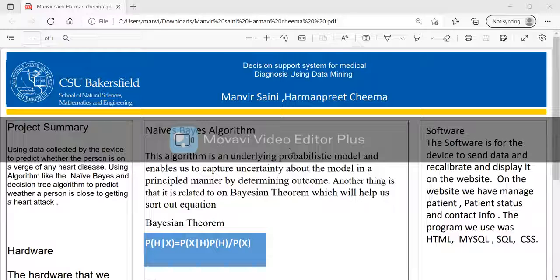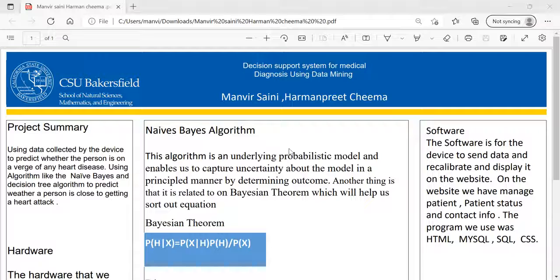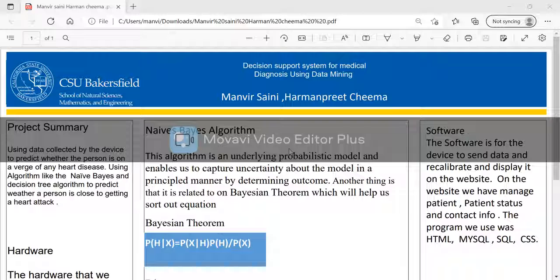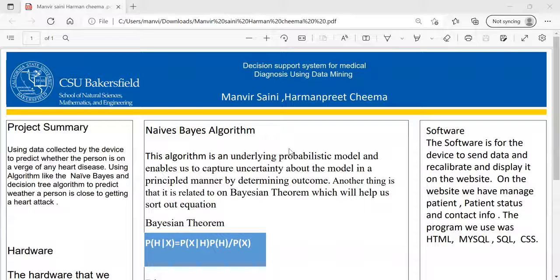And my name is Harmanpreet Singh Chima, and we will be presenting our project, decision support system for medical diagnosis using data mining. This project includes a wireless sensor network design for real-time monitoring and detection of cardiovascular diseases. This system incorporates wireless sensor network technologies with other wireless technologies.